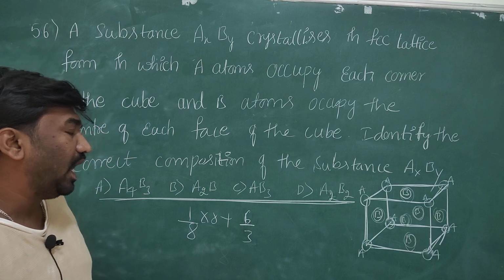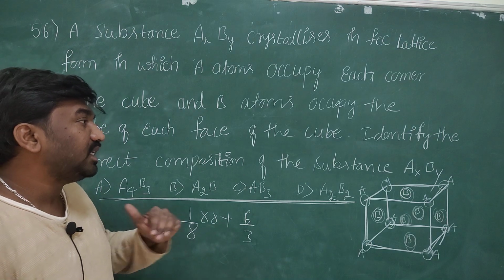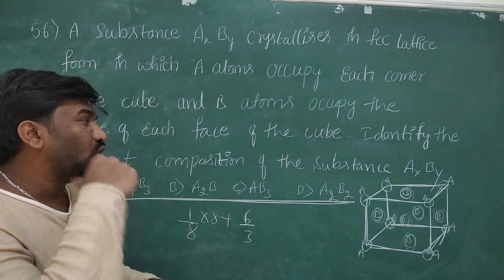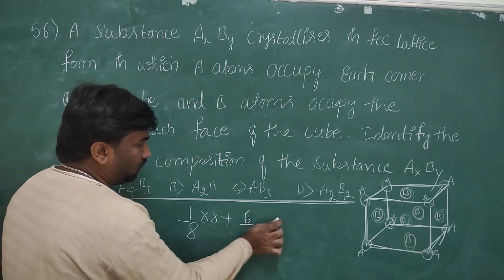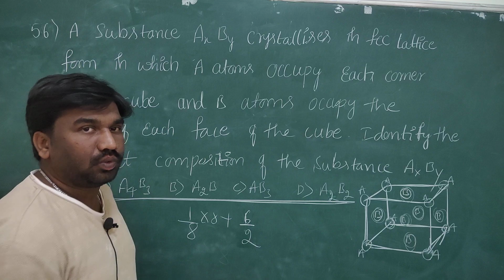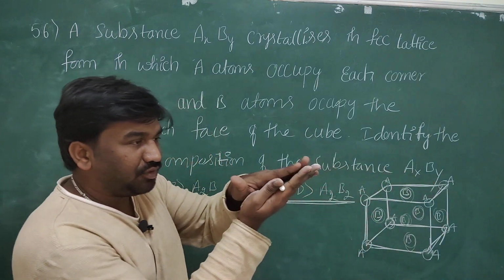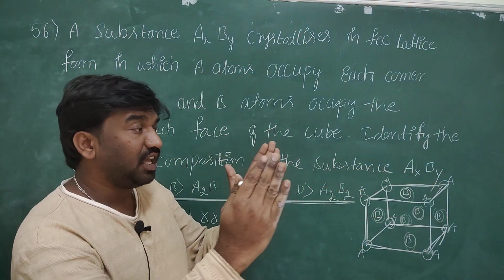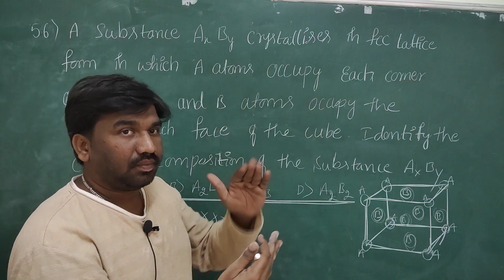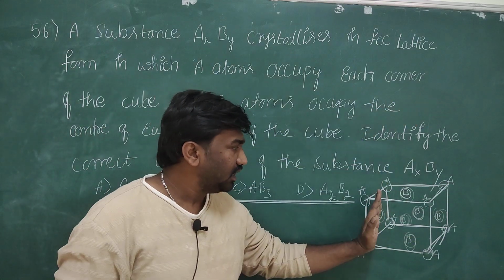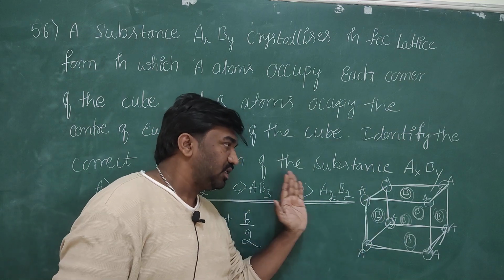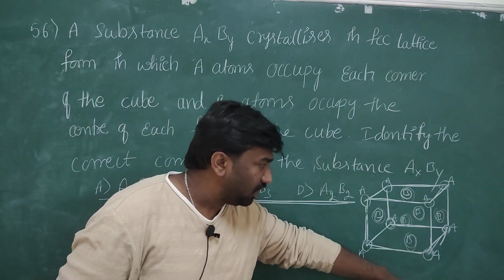Each face atom is shared with another unit cell, so it is 6 by 2, because each face is shared with another FCC structure. This surface is shared with another FCC, this surface with another FCC, and this surface with another FCC.